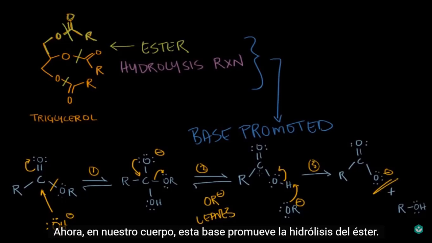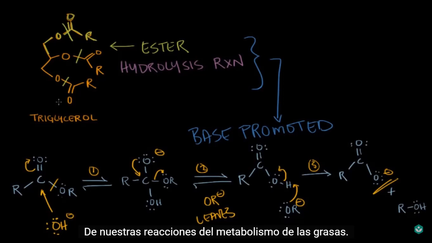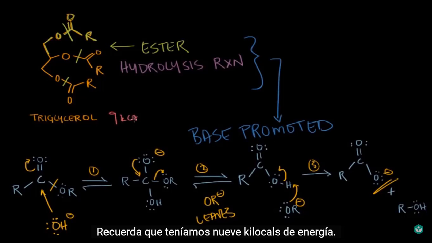Now in our body, this base-promoted ester hydrolysis that allows us to break up these triglycerols is the starting point for all of our fat metabolism reactions. So if we want to take a fat and metabolize it and break it down so that we can get the energy out of it, remember that we had 9 kilocalories of energy.